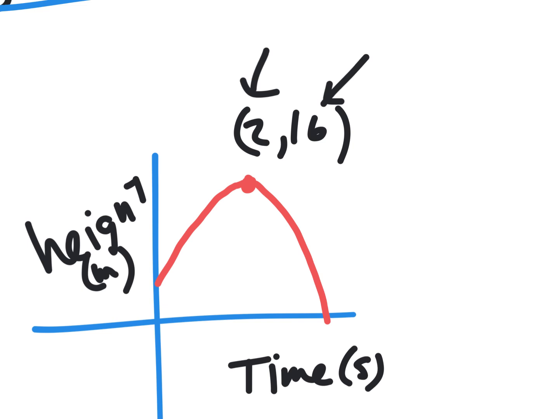What does the 2 mean? That's 2 seconds. What happened at 2 seconds? It reached the max height. And what's the 16? The height. 16 what? 16 meters. Meters. There you go. Okay, good.